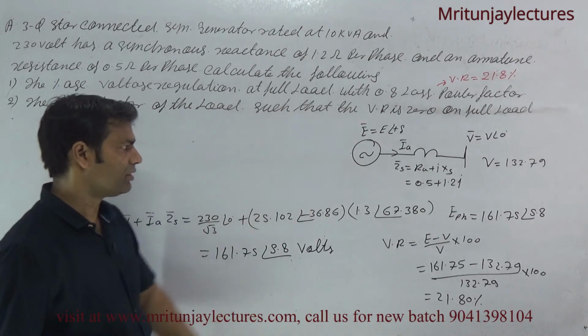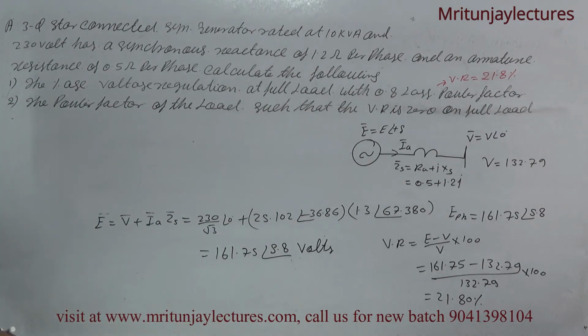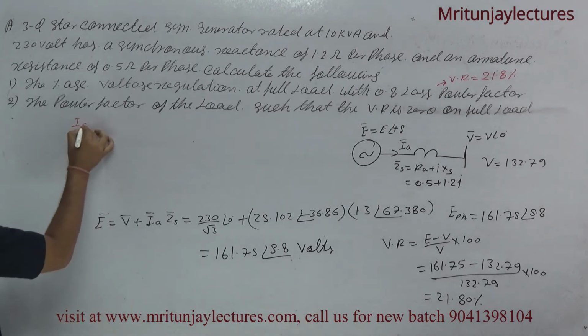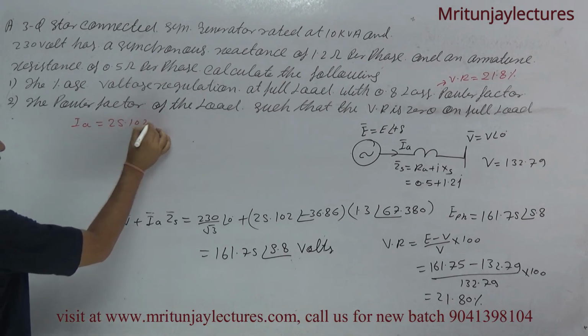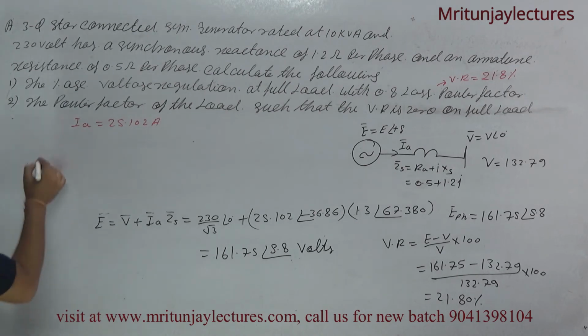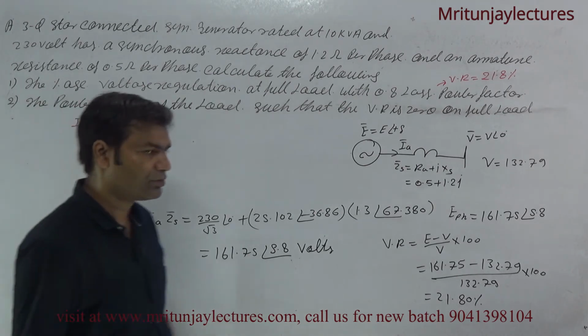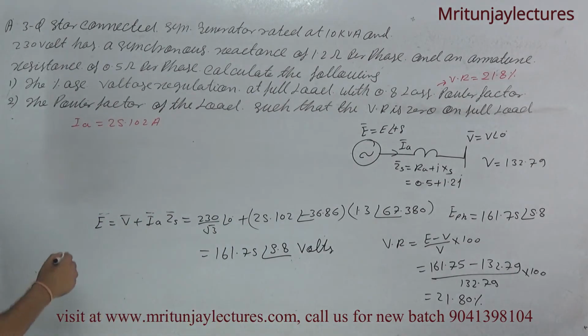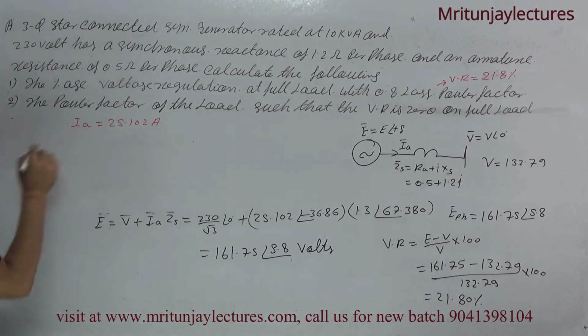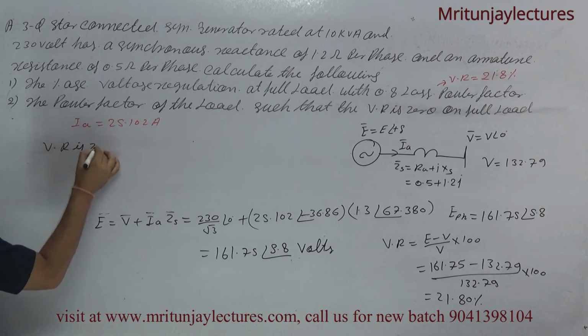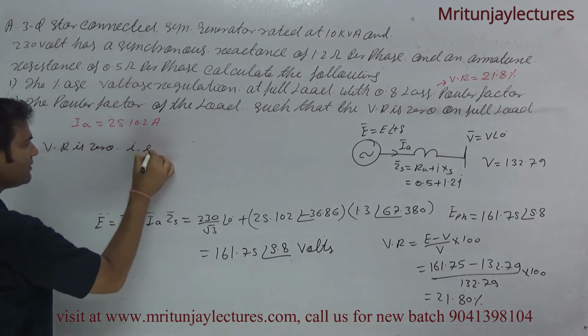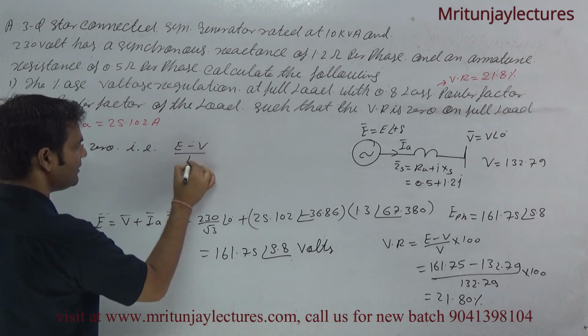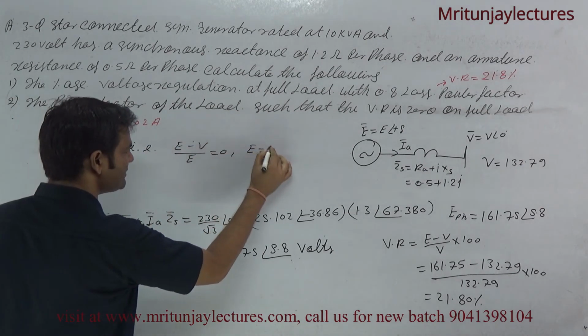Voltage regulation is 0, which is possible only if the power factor is leading. So zero voltage regulation means (E minus V) divided by E equals 0. So you can say that E equals V.